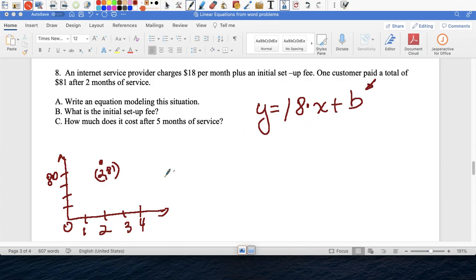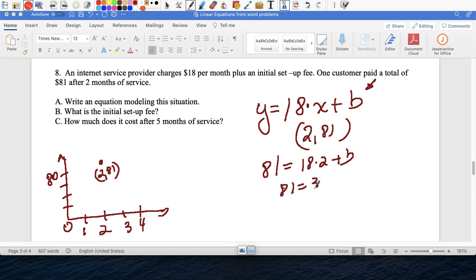Well, in order to find b, do I have a point? Yeah, I have a point. So I can use that point 2 and 81, plug it in and figure it out. So 81 equals 18 times 2 plus b. 81 equals 36 plus b. Minus 36, minus 36. b equals 45.